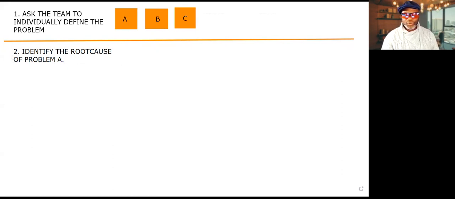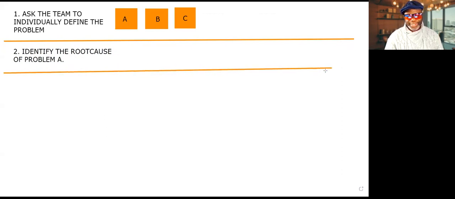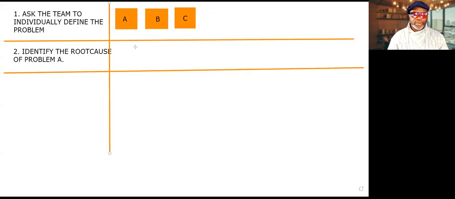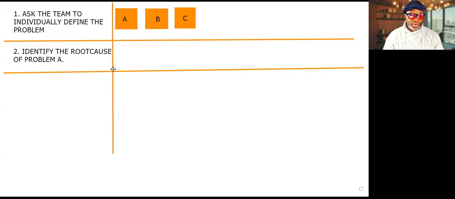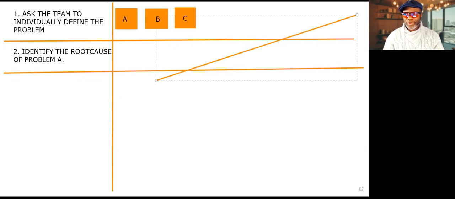Again, you are going to use the power of the Miro board or some other tool that allows for collaboration. So everyone on the team is going to participate, and they're going to help identify what the root cause of A is. So guess what? You're going to have another set of Post-it notes or ideas that are cataloged.